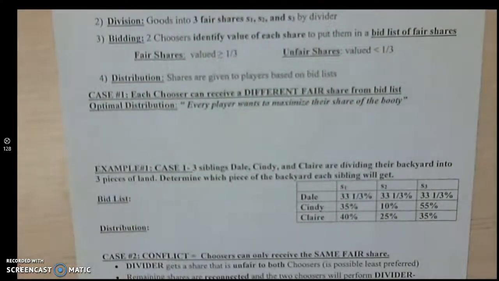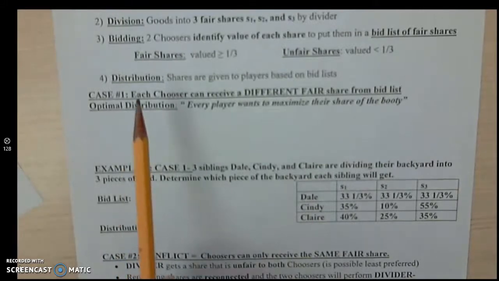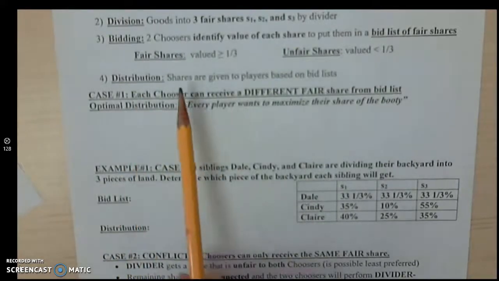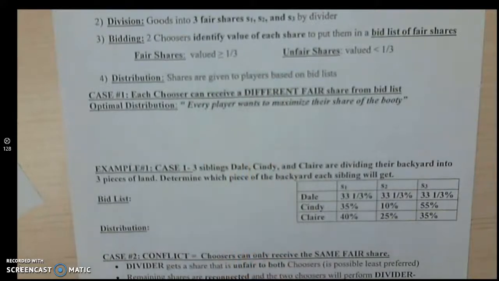Because if there's three people, then they each want at the fewest 1/3 of the share. And then last but not least, you're going to make the distribution. Shares are given to players based on their bid list. So once again, if you value something more than something else, then hopefully that will be the one that you get.